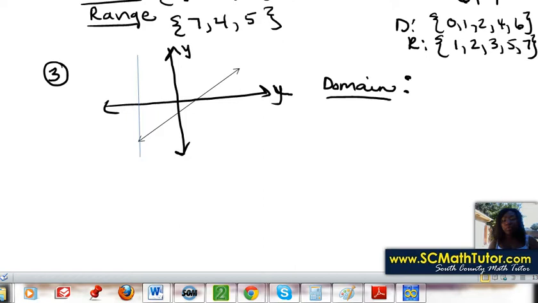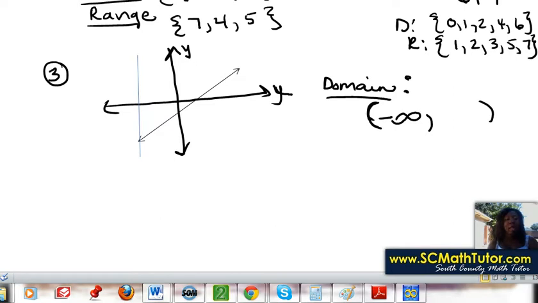Your domain uses a notation that is more of an advanced algebra notation. You start at negative infinity, so you put negative infinity. Notice how I'm using parentheses. Sometimes you use parentheses, sometimes you use brackets, but for infinity, you always use parentheses.